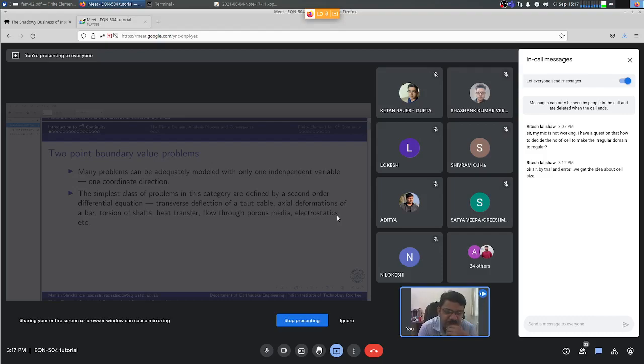So that is again a cable under tension. So what is the deflection?